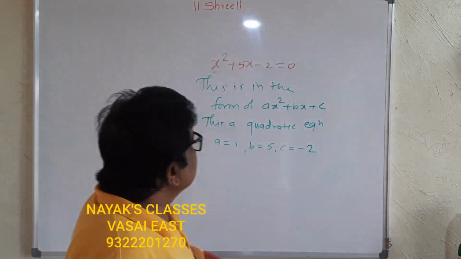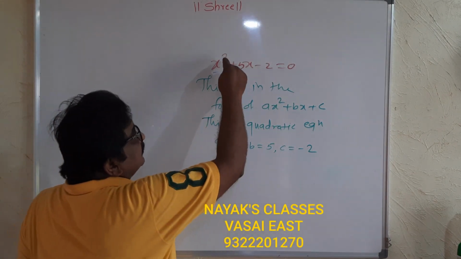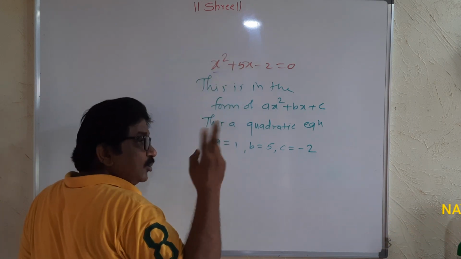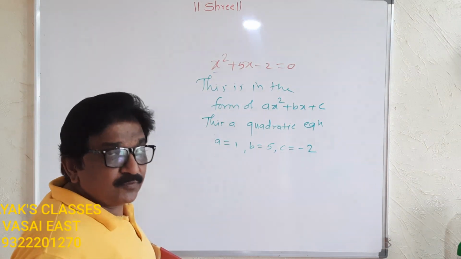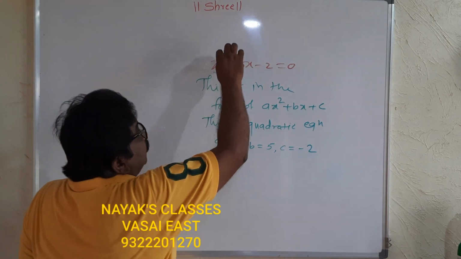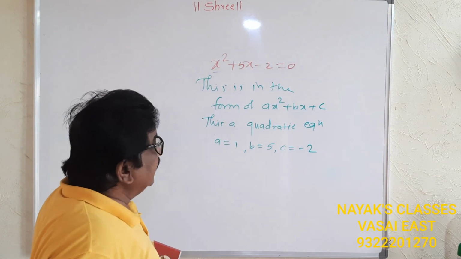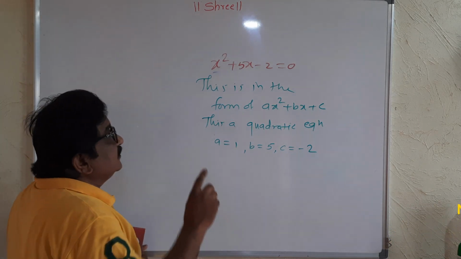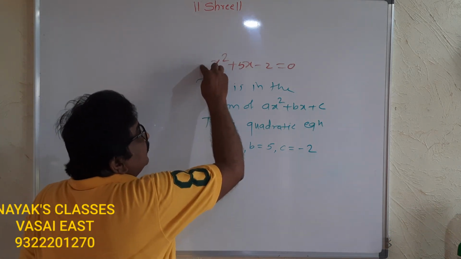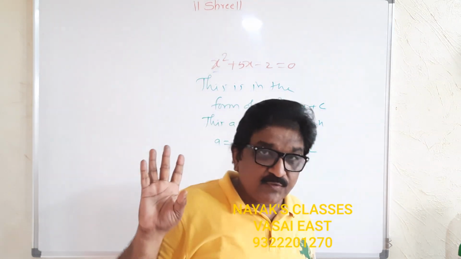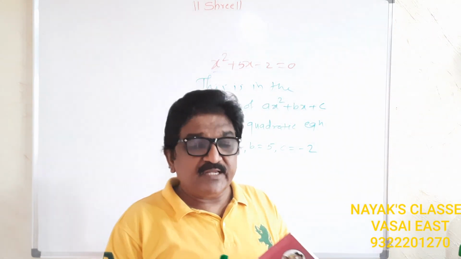This is very easy. The degree must be 2, not less than 2, not more than 2. No negative degrees must be there. And third, the coefficient of the first term should not be equal to 0. So this is a quadratic equation.